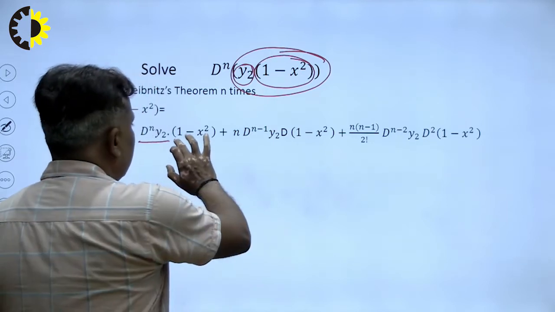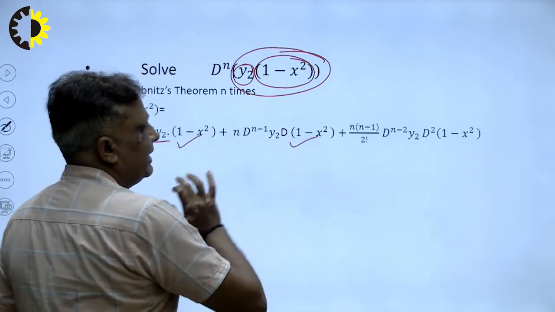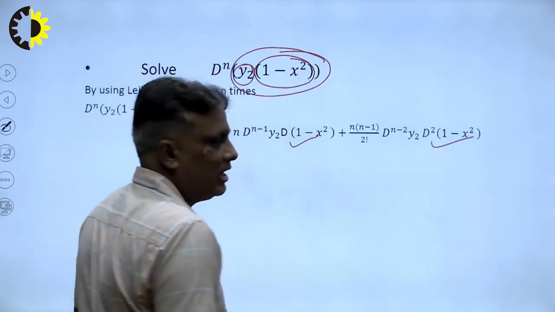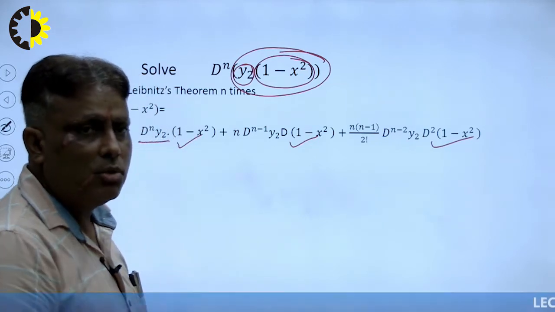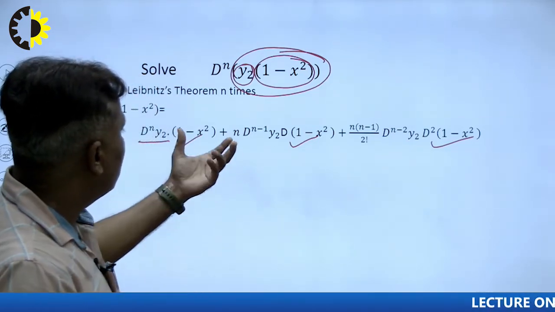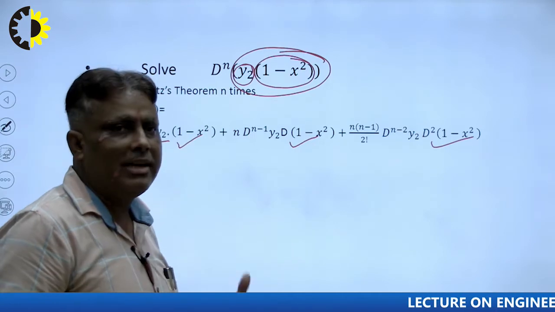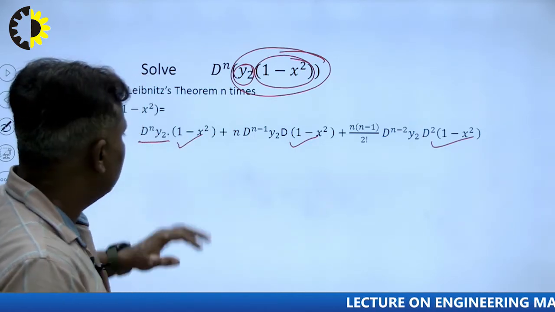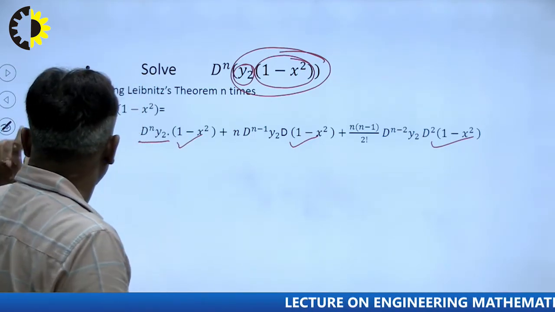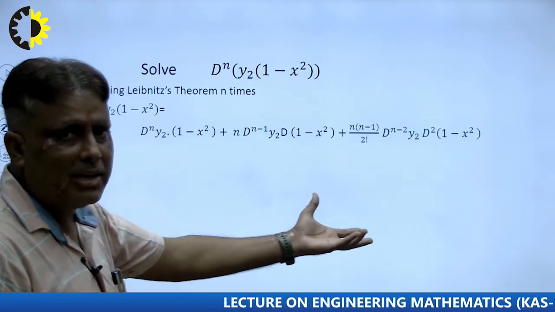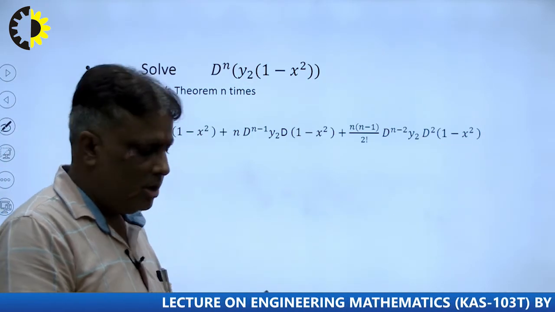I write here the first derivative, and the second derivative of this, and after this it will be 0. So I write in the place of v 1 minus x^2, and in the place of u I write y2. Students, see very carefully, because this is the first time we apply this type of activity here.